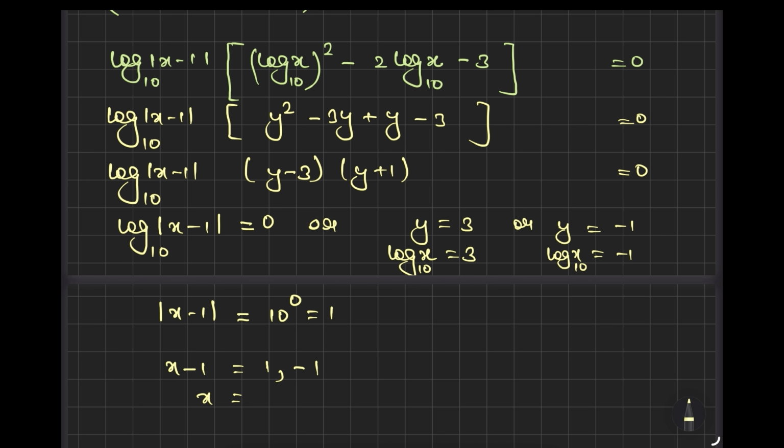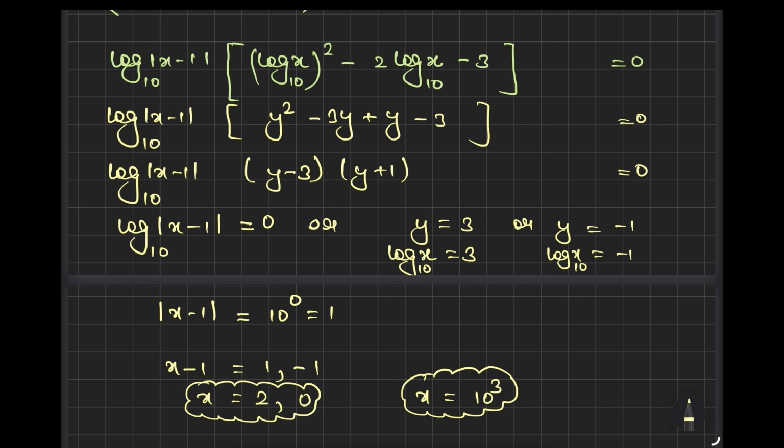So x equals 2, 0. So you got these solutions from part A. Then x equals 10 power 3, you got one more solution. Then we got x equals 10 power minus 1, meaning 1 by 10.